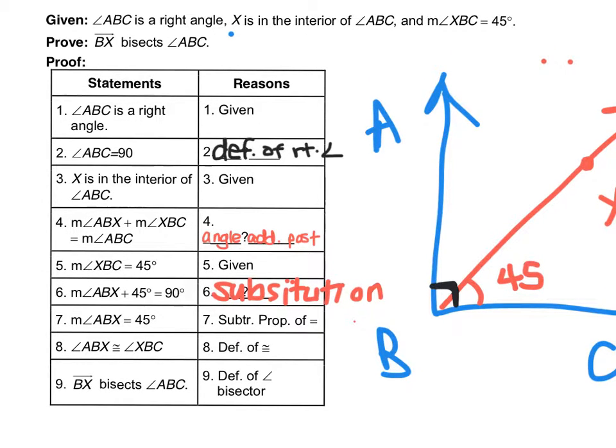You went to 7, which took 45 away from both sides. That's subtraction. You went to 8, which took ABX equals 45 and replaced the 45 with XBC, because up here we said 45 equals XBC. And then we went to definition of congruence to say that those two were congruent. And then BX bisects angle ABC is the definition of an angle bisector.